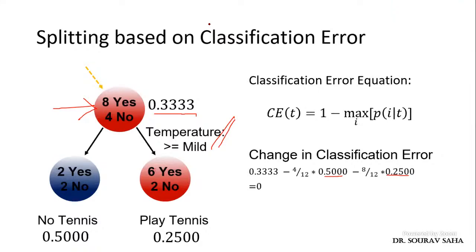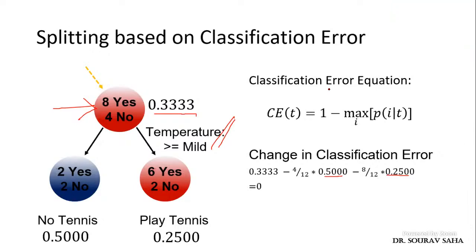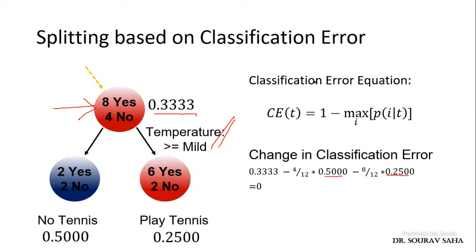So the formula says 1 minus max of P I upon T. Right? So here we are deducting 4 by 12 into 0.5 minus 8 by 12. So are we taking all the instances or the maximum one? No. First I'm finding out all the instances. The two instances which I'm having are 8 by 12 and 4 by 12. And of those instances, there can be 10 instances as well, I'll be taking the maximum of those instances.